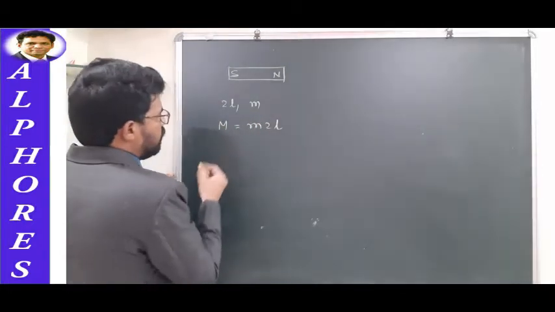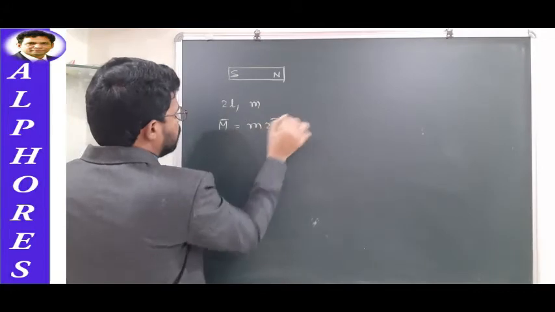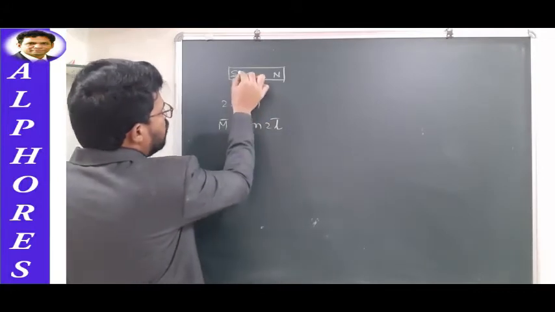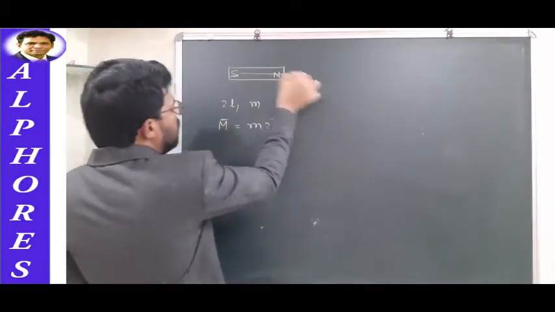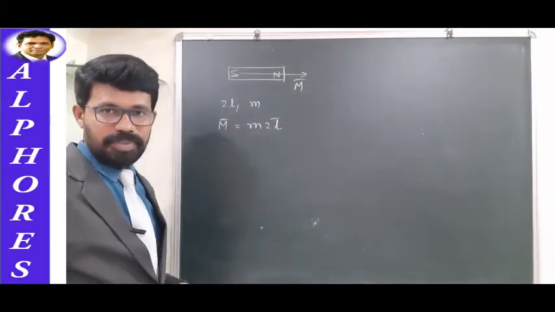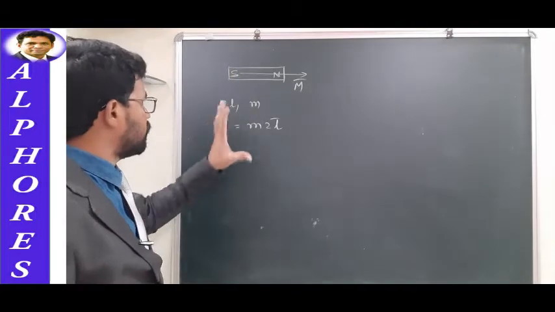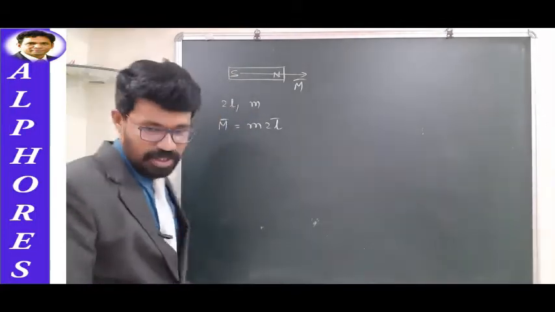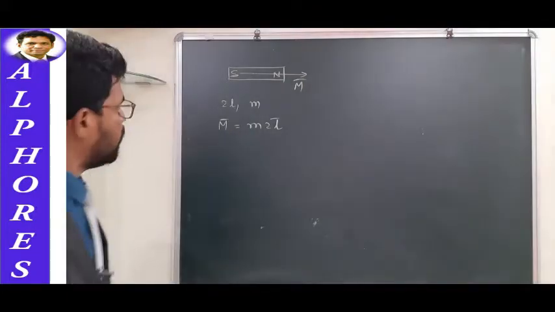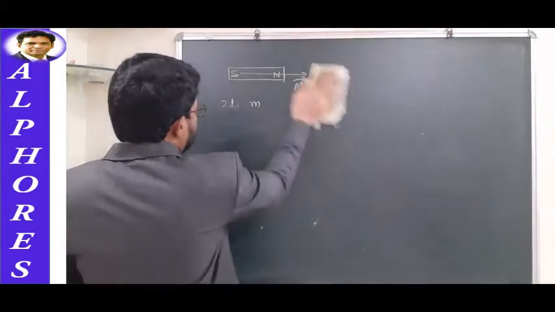It is a vector quantity, M bar, and its direction is from south to north. So let us make use of this data to understand combination of magnets.